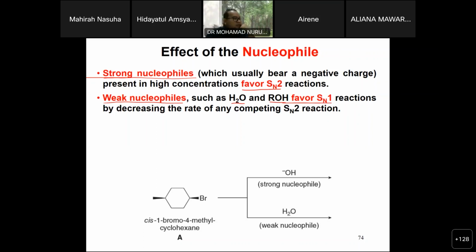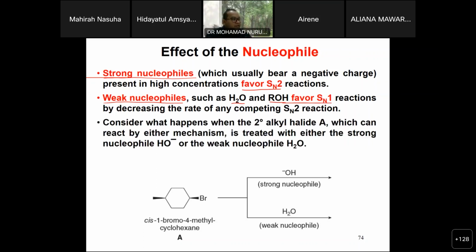Consider what happens to secondary alkyl halides, which can react by both mechanisms. For the secondary alkyl halide, you have to consider the second factor, the effect of the nucleophile. If it goes with OH, which is a strong nucleophile, it will give different products.